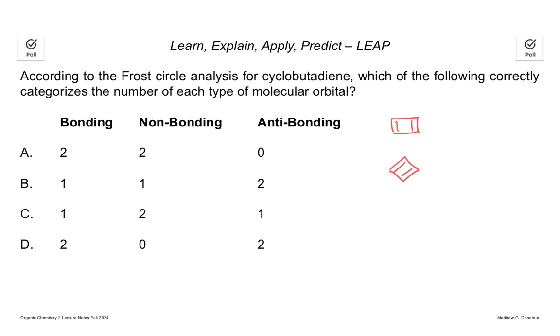And wherever there's a carbon, we're going to draw that line. Then we have these 2 degenerate orbitals.